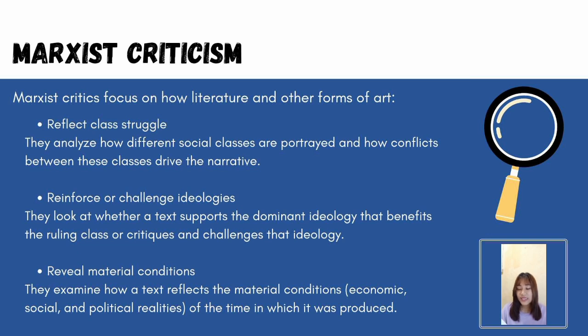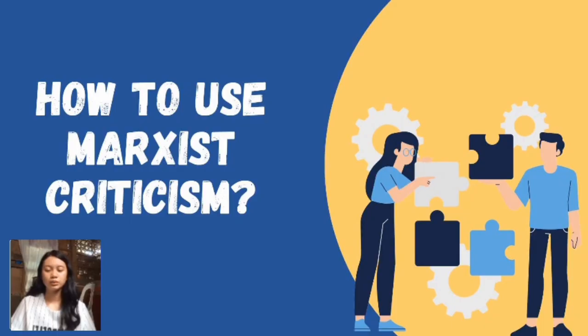So Marxist criticism uses these three approaches to uncover how literature and art reflect, reinforce, or challenge the underlying socio-economic realities and ideologies of their time. So it shows how texts are shaped by and contribute to the broader struggles over power, wealth, and class in society. How to use Marxist criticism.